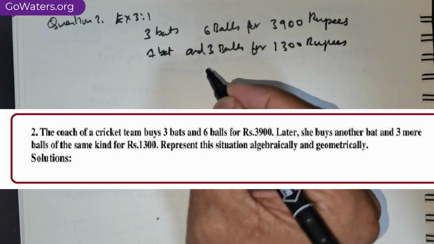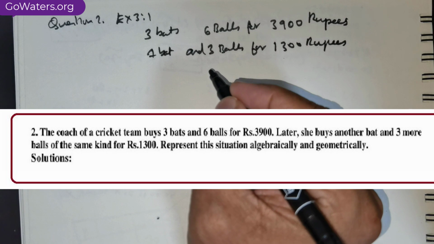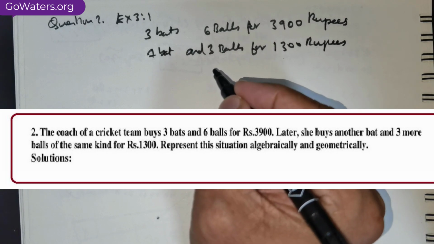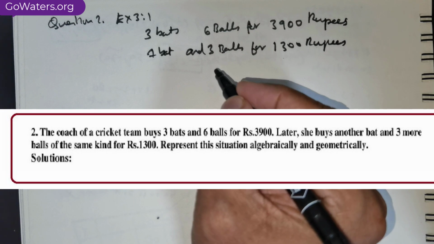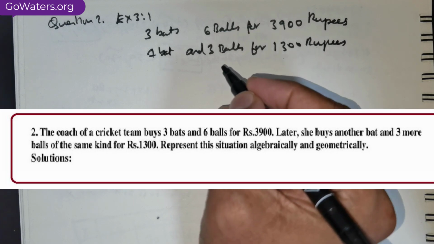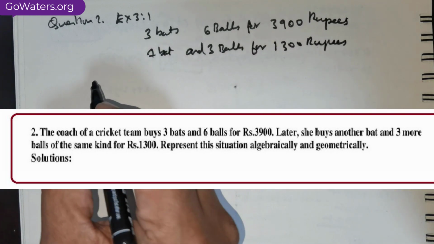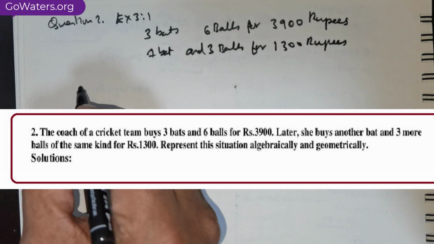Now we are expected to represent this by means of a graph, also referred to as geometrically, and also algebraically. Now what we can do is, let us start off like this.